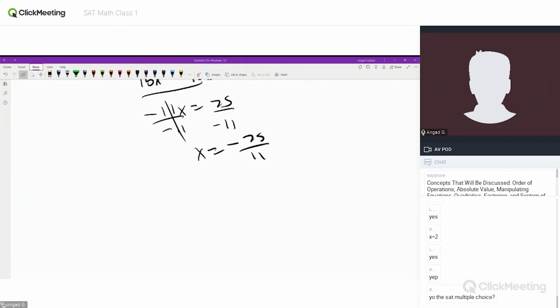So most of the questions on the SAT math are multiple choice, but there are a few open-ended questions, which are word problems. We'll get more into those when we start doing the walkthrough of the practice tests.